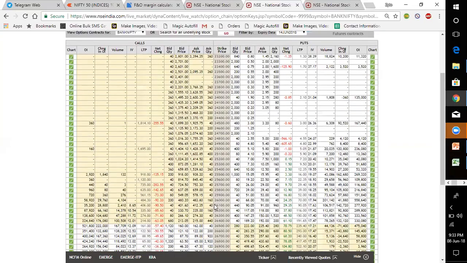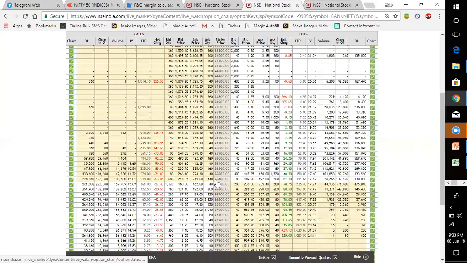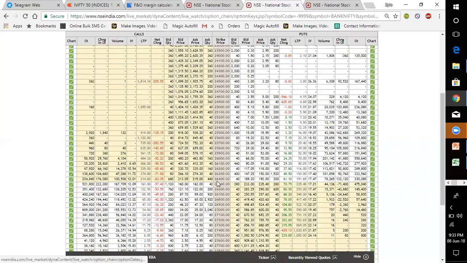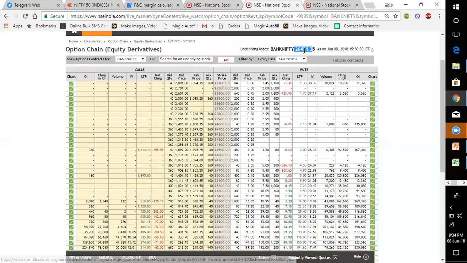In that case, the call option of 26,400, can anyone guess what will be the price? Suppose today is the weekly expiry and the index closes at 26,451.